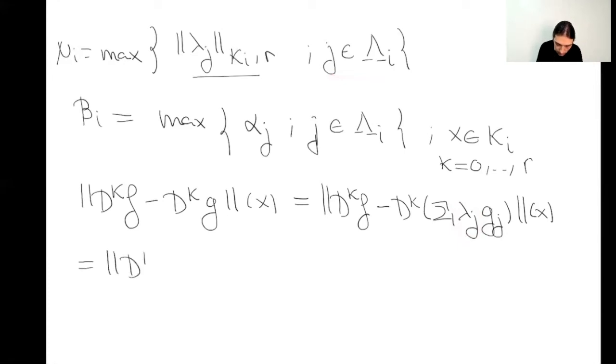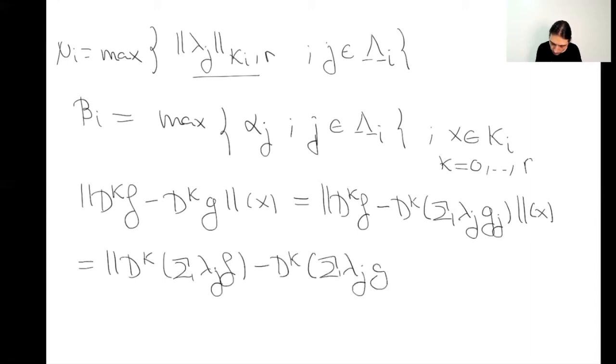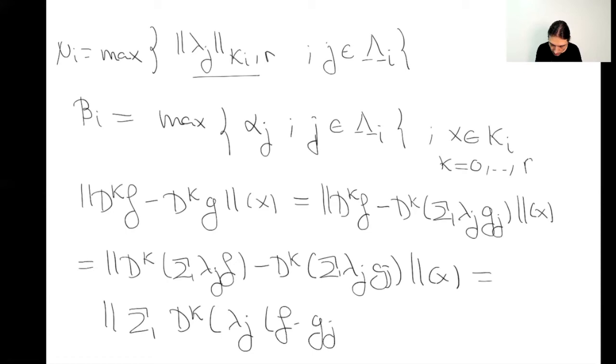First of all, let's write down f as the sum of lambda j times f. Very good. And this is going to be the sum of the derivative of lambda j times f minus g sub j, everything at x, where x is a point of ki.